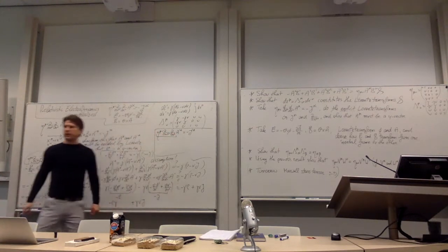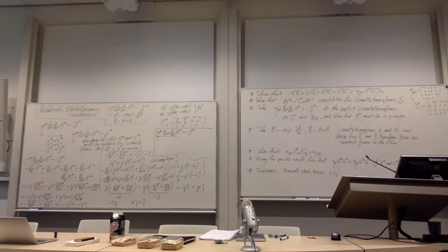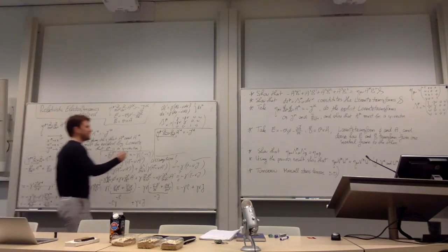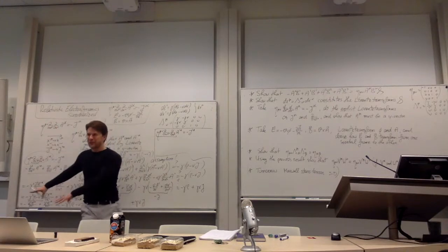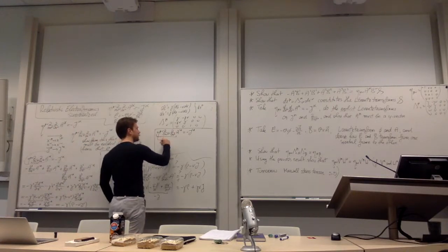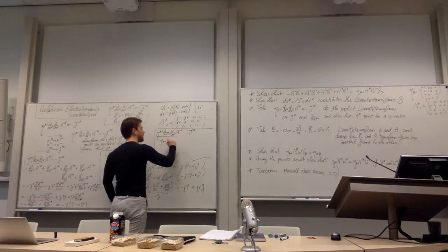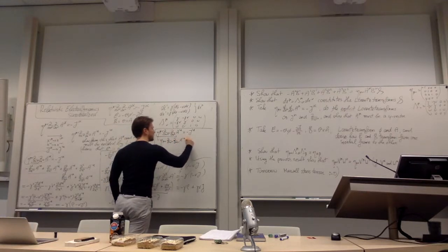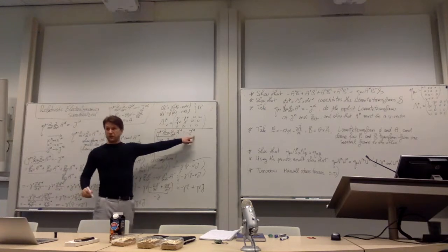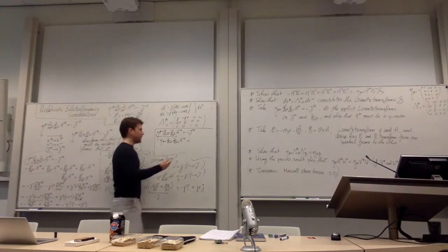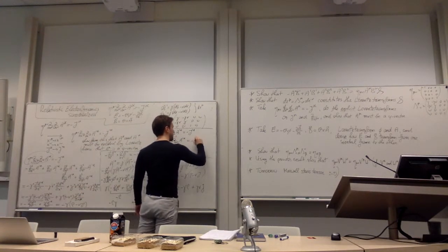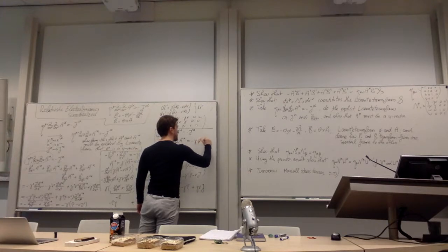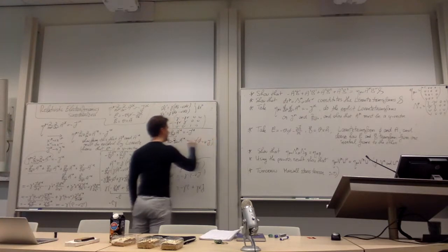Does this change on the Lorentz transform? No, it's a contraction of two four-vectors. So I know immediately, we did it in full steps here, but I know immediately that this should be equal to the exact same thing without the primes. We do know how to transform this one. That was the thing that we did before as well. Gamma phi minus phi j1.